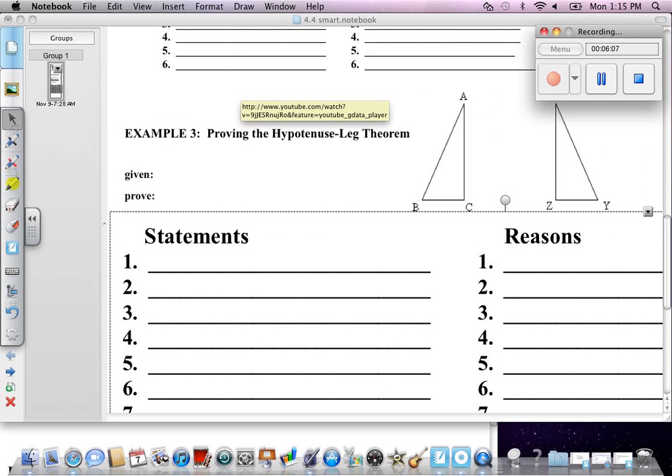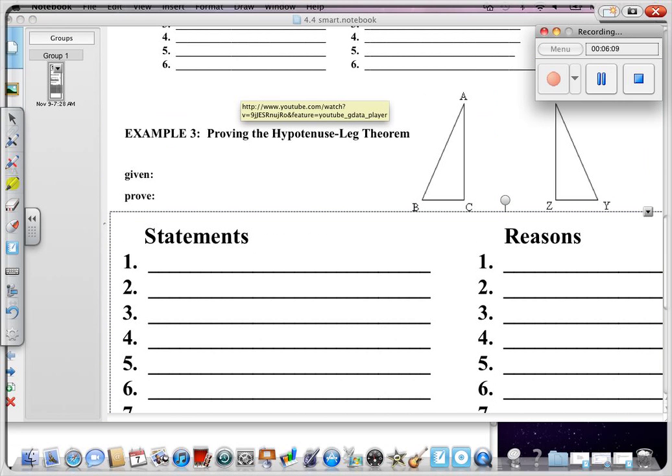All right. So one of the reasons a lot of people don't like this is I'm going to do some crazy drawing in here. First thing I'm going to say is angle ACB is a right angle. That's given. So let's draw it in. ACB is a right angle.